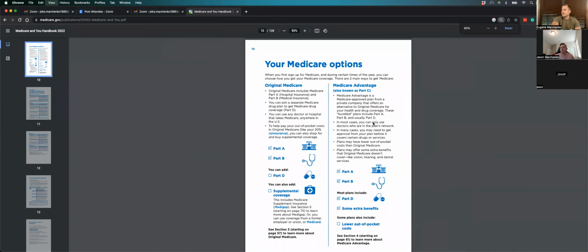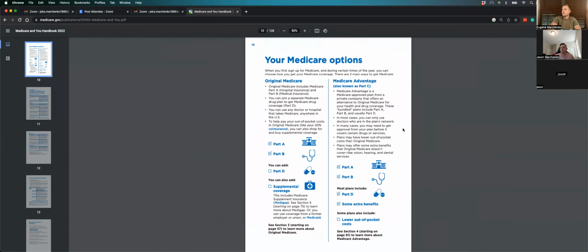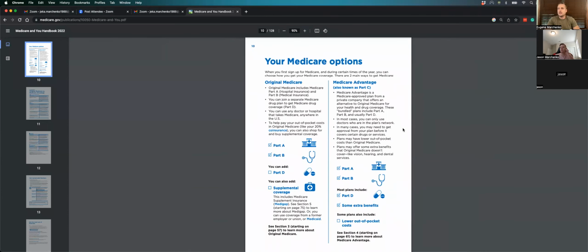What I like about this is, for the most part, it summarizes the entire book and their entire options. The first big decision that a client has to make is whether they stay on original Medicare or go to a Medicare alternative known as Medicare Advantage, which is also managed by Medicare. It gets a little confusing, but we're not going to go into it that deep just yet.